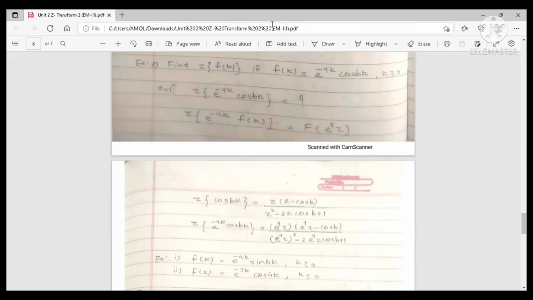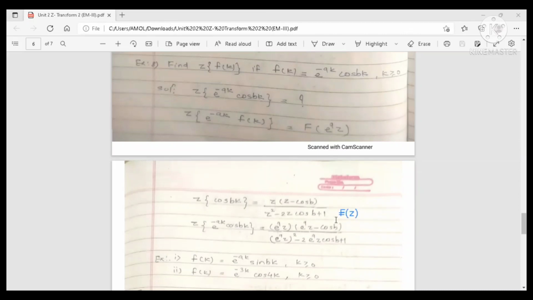We can write it here so that we can easily understand the term. Here it is f of z equal to the Z transform of cos bk.